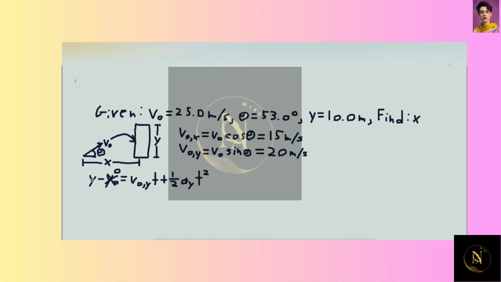So we know the value y, so we'll plug that in. I'm going to get rid of the units now just so it looks simpler. So I have 10 for y, and v0y we computed to be 20 meters per second. So I have 20 t.